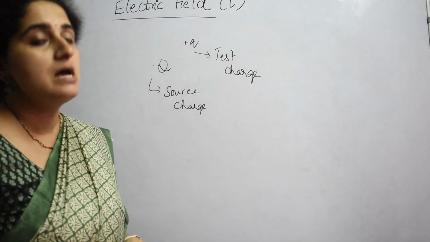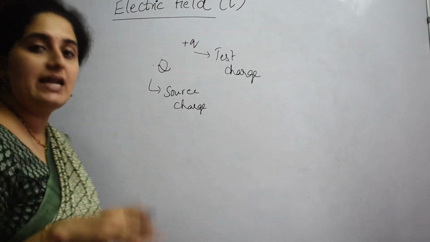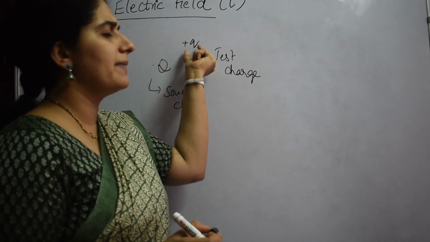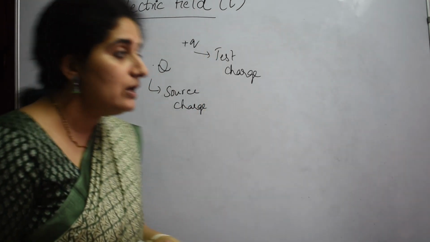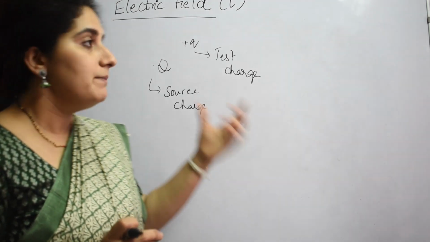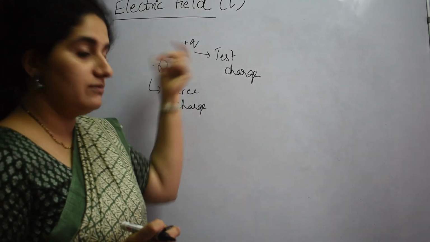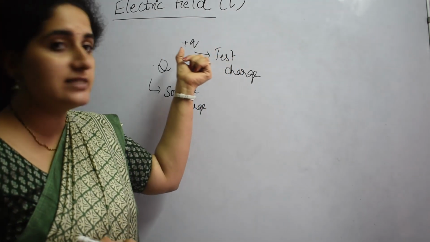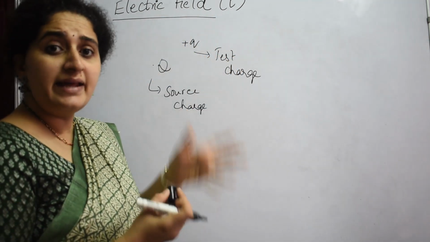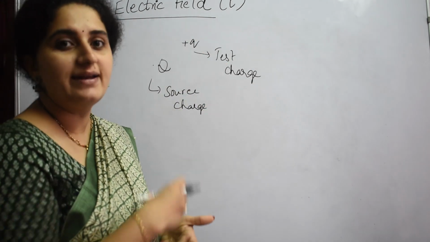It will experience it, but usually in our area of discussion, what we consider is this plus Q is so minute that we write limit tending to 0. It is not 0, because if you consider this as a greater charge, then dealing with the interaction between these two charges becomes difficult.